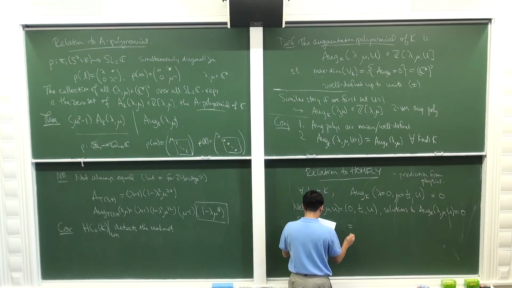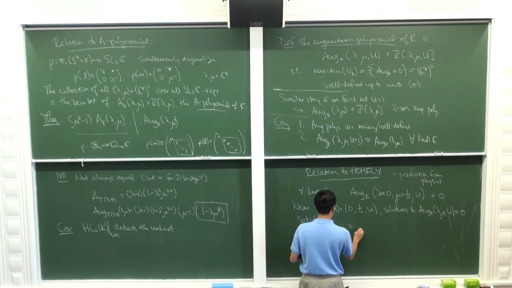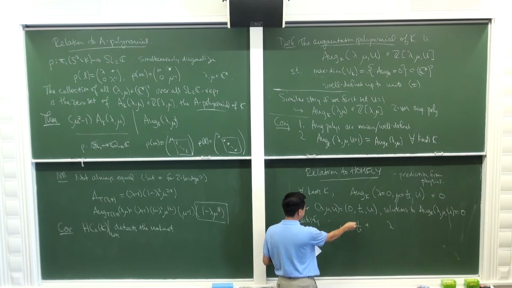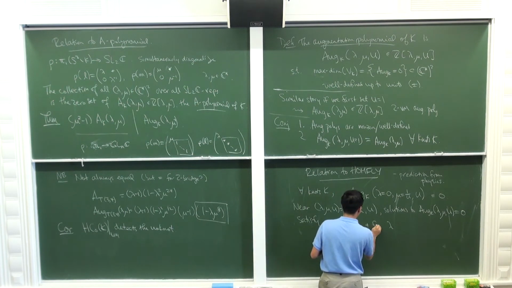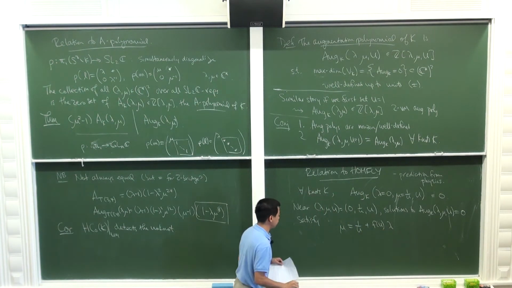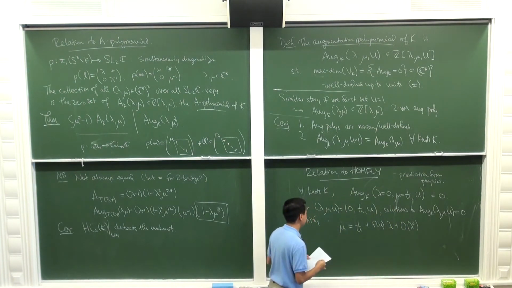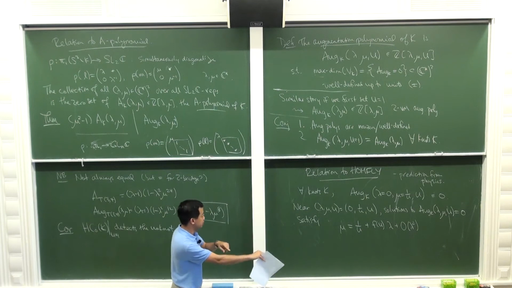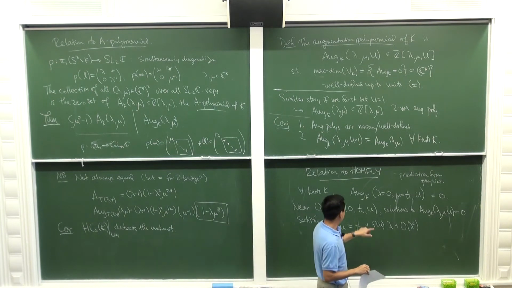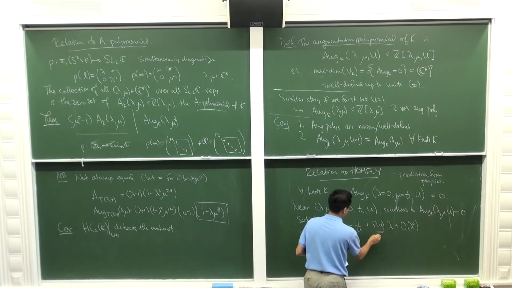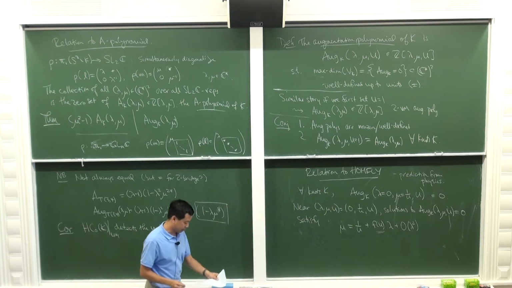So they satisfy mu equal to 1 over u plus some function of lambda. When lambda is equal to 0, that's it. But in general, there's going to be some number here, which I'll write as a function of u, plus b over lambda squared. This is the information from the tangent space to the augmentation variety at a point on this curve. All of the first order information is contained in this function right here.